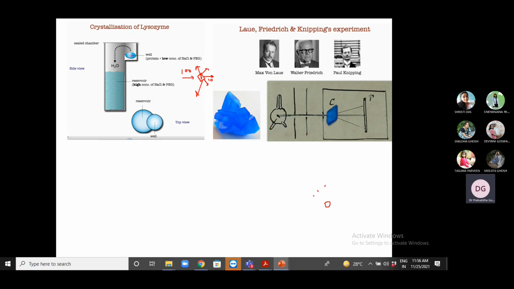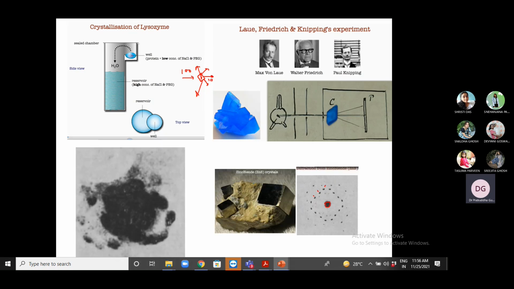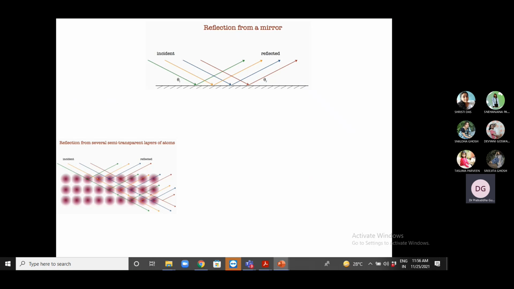We talked about the zinc blende, which gave a better diffraction pattern, and from this diffraction pattern the arrangement of zinc and sulfur in this crystal was solved. How was it solved? It was solved by Bragg's law, and to get that law into context, we just have to take help of a simple reflection analogy.